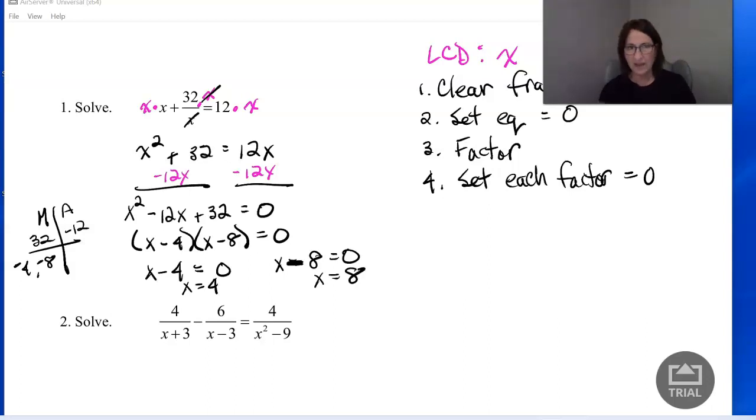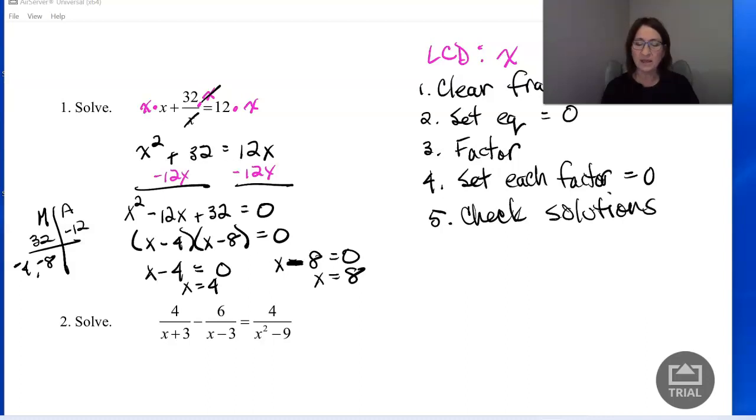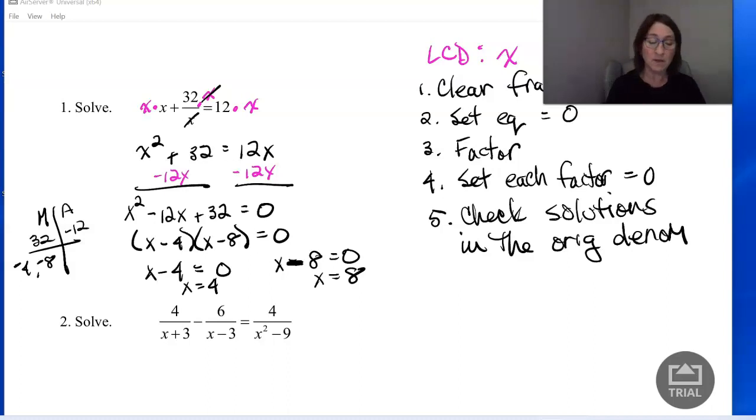I'm not done. I need to check the solutions in the original denominators. So I just go back to my original problem. The only denominator I have is that X. And so my only concern is that that X cannot be a 0.